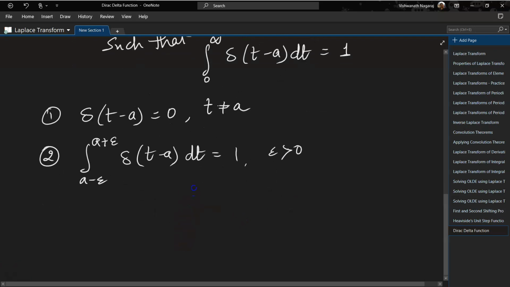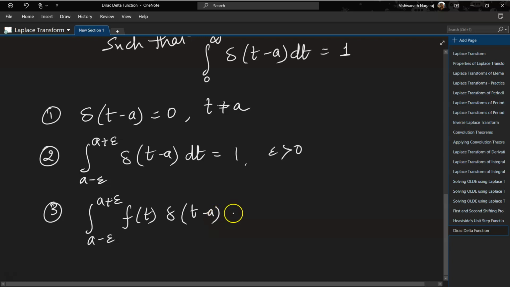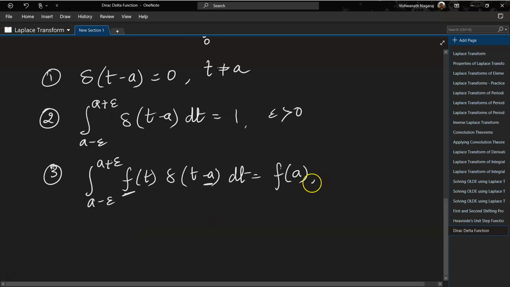And the third property is the integral from a minus epsilon to a plus epsilon of f of t times delta of t minus a dt is equal to f of a. Whenever you encounter this integral, you can immediately say f of a. And here again, epsilon has to be greater than 0.